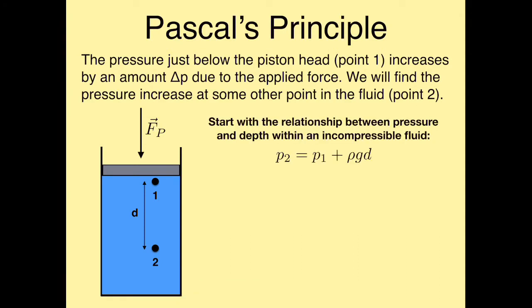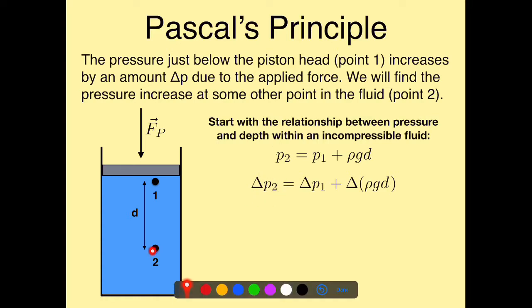Remember, there's a relationship between pressure and depth in an incompressible fluid, which is P2 equals P1 plus rho times g times d, where d again is the depth below point 1. And so what we can say is delta P2, the change in pressure at point 2, is equal to delta P1, the change in pressure at point 1, plus delta, the change in this quantity, rho g d.